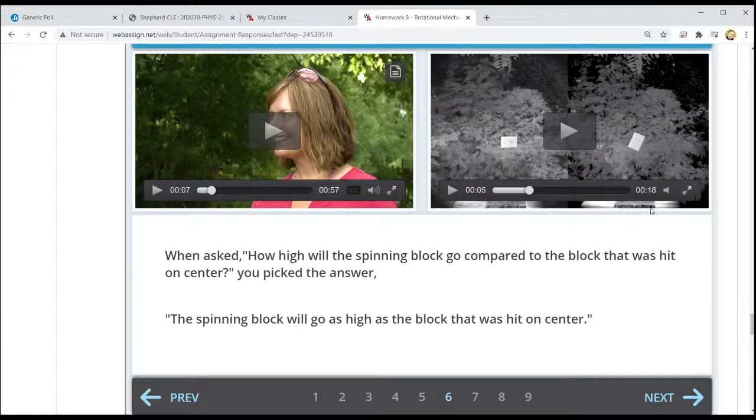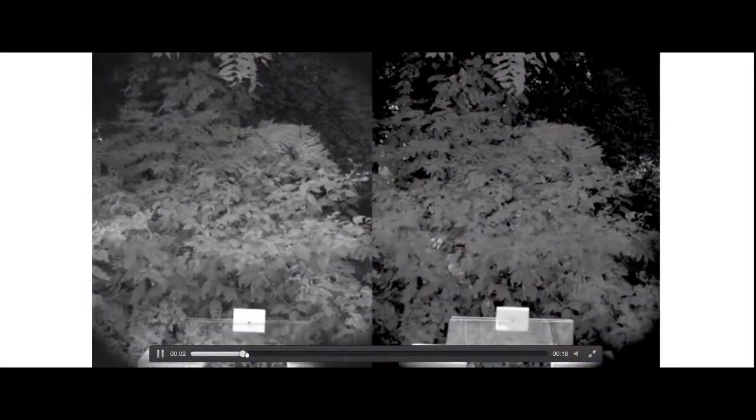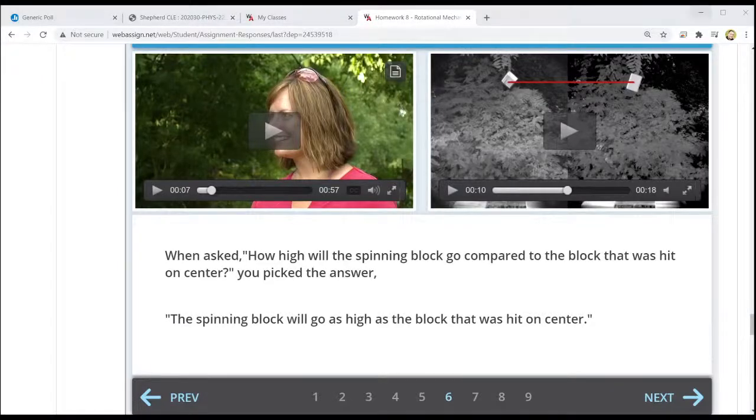But the thing to notice is that they rise to the exact same height. Look at that, the exact same height.